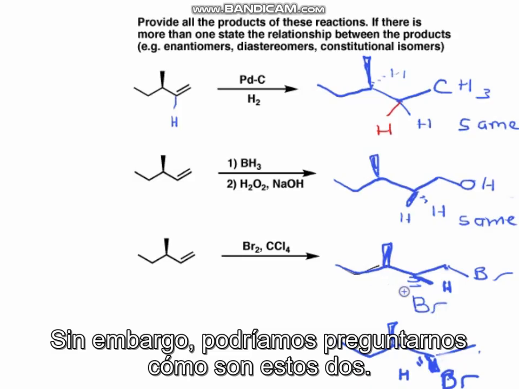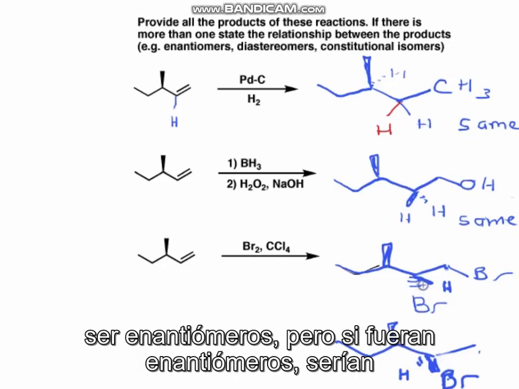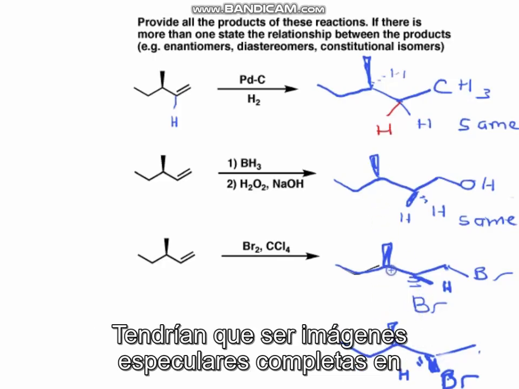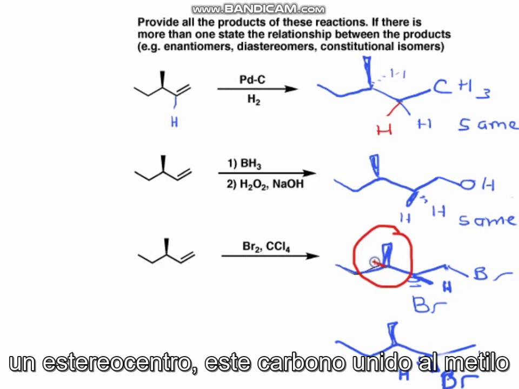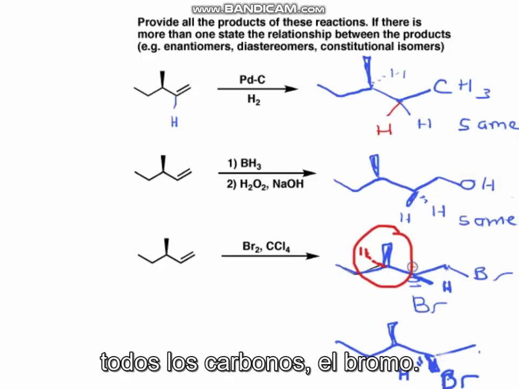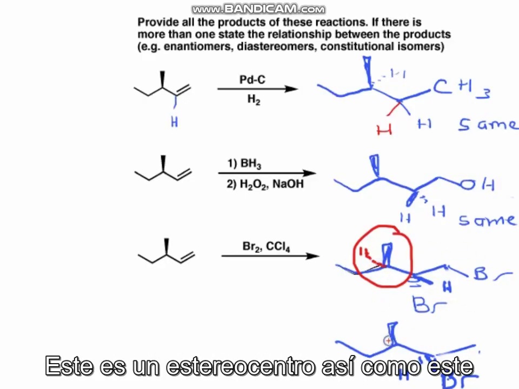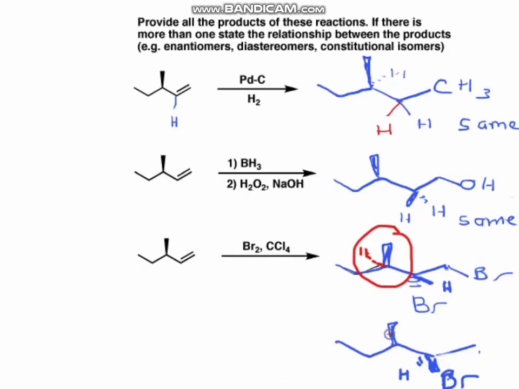However, we might ask, how are these two compounds related to each other? You might initially say they are enantiomers. But if they were enantiomers, they would have to be complete mirror images in every respect. Notice this other stereocenter, this carbon attached to the methyl group, H, ethyl, and the carbon with the bromine. It has the same configuration in both cases.